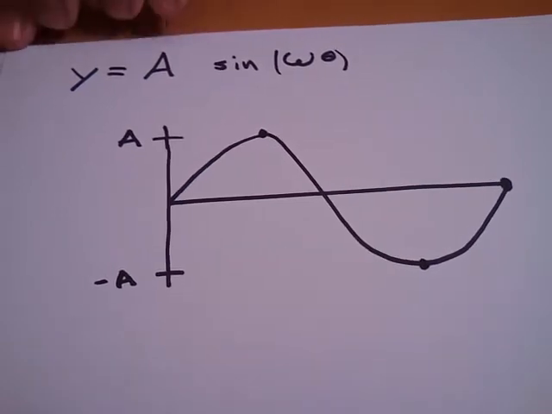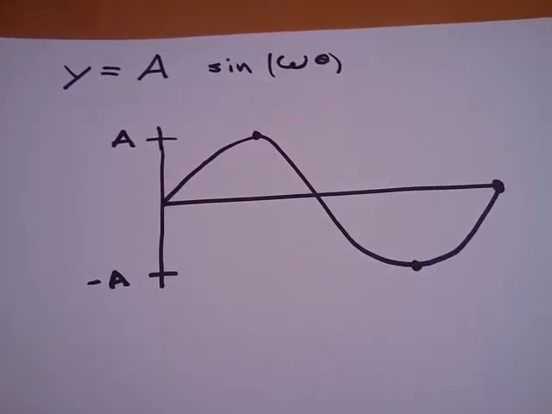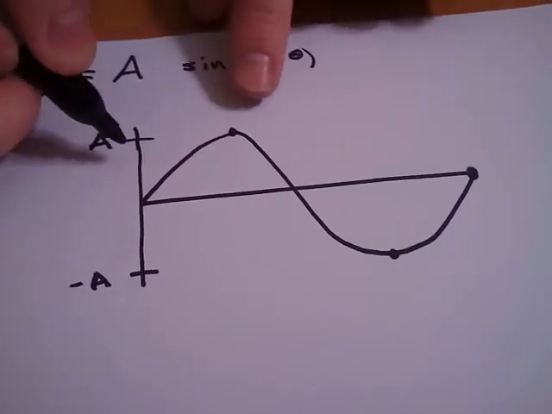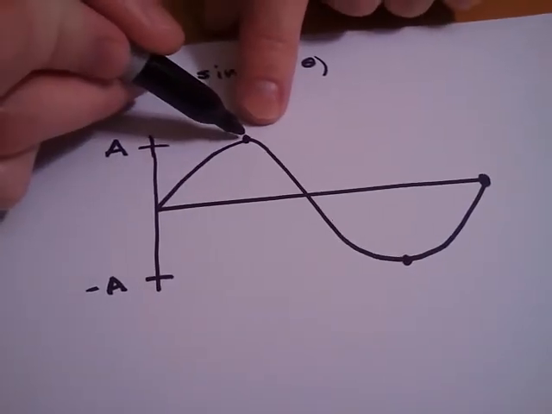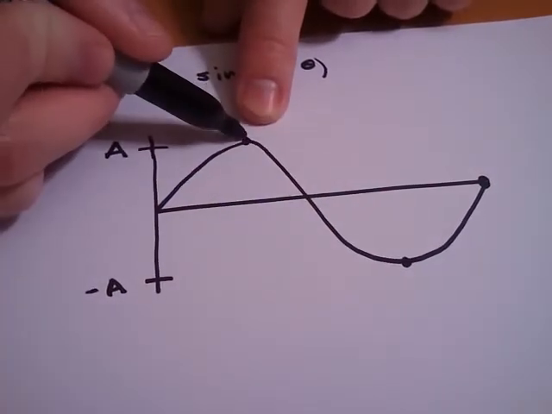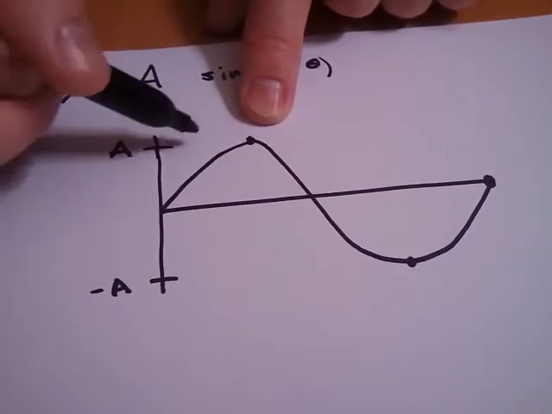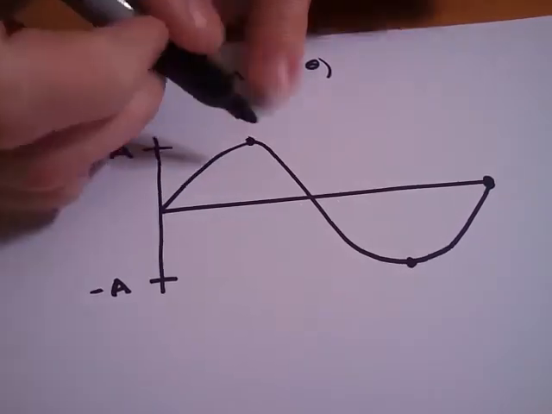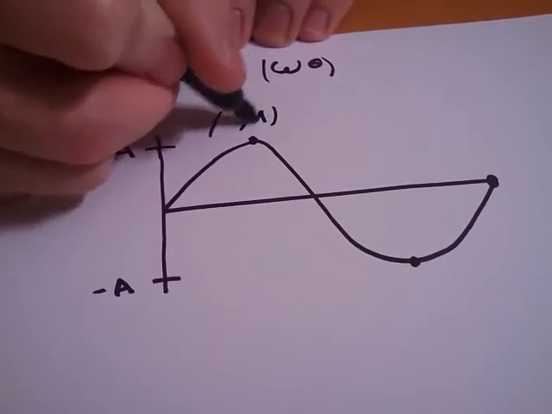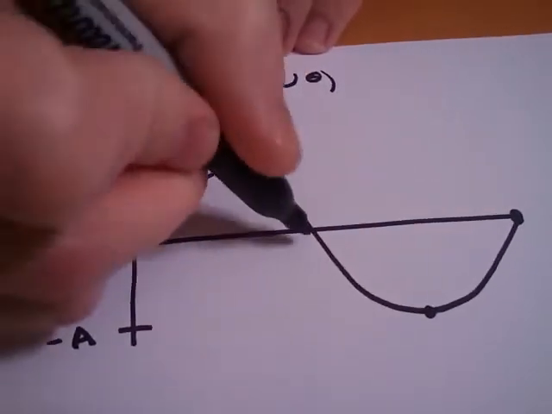And we can get a good idea of what one full wave is going to look like by graphing a few points. We've got our y pretty well determined here. We know this y point right here is going to be at a. So we can put that in. Let's also focus on this point.